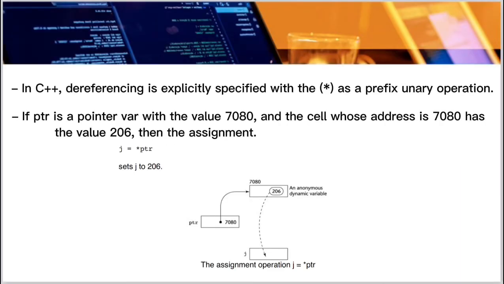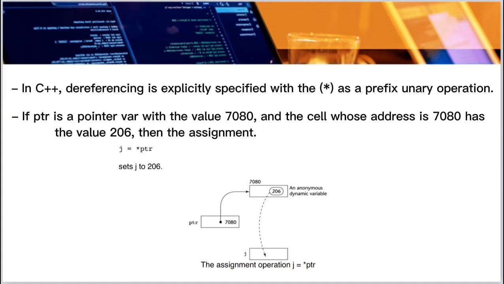In C++, dereferencing is specified with an asterisk as a prefix unary operator. So if ptr is a pointer variable with a value of 7080, and the cell whose address is 7080 has a value of 206, then dereferencing ptr yields 206.